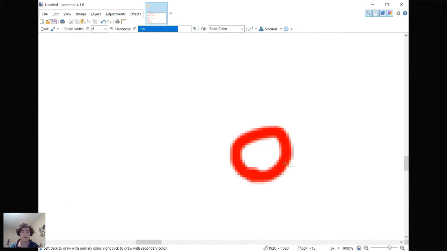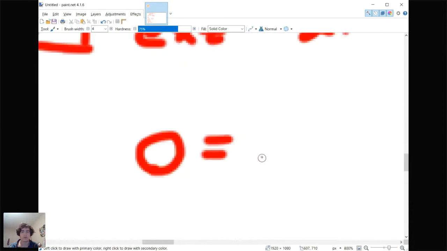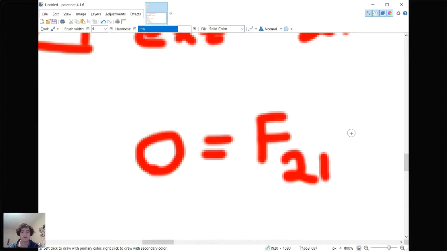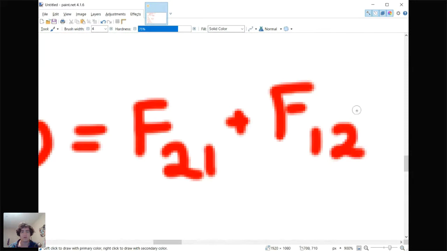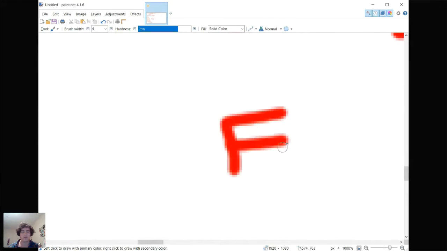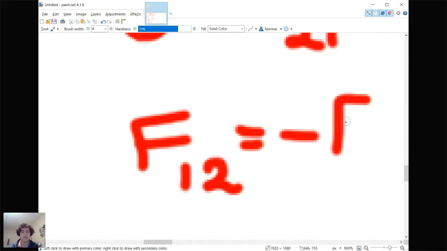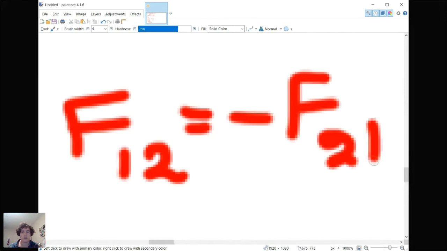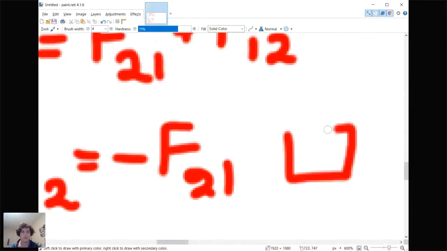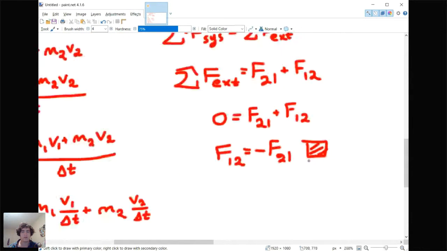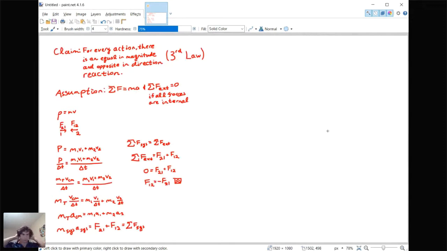So that means 0 is equal to F21 plus F12, which then implies that the force from 1 acting on 2 is equal to the negative force of 2 acting on 1. And there's our proof. The little square means proven.